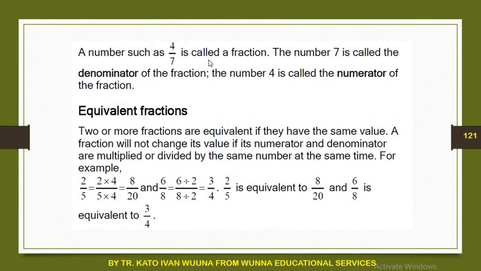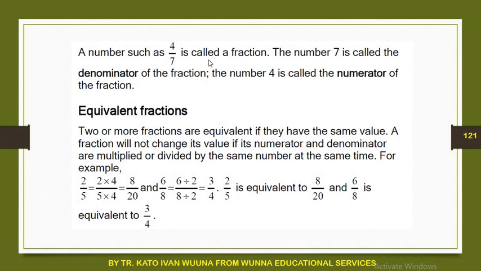So our number, which is 4/7, is what we call a fraction, and 7 is our denominator, representing the total divisions that are gotten from our rectangle, and then 4, which is the shaded part, is representing the numerator.